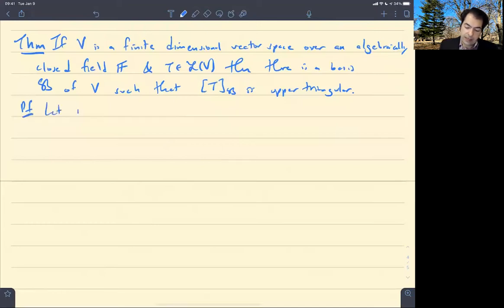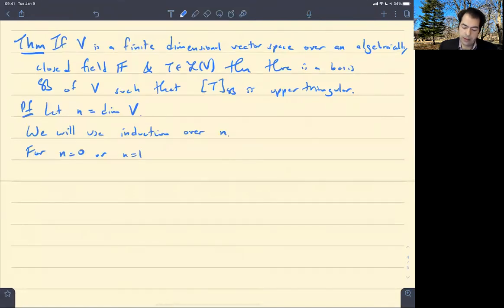So let n be the dimension of the vector space. We will use induction over n. So for n equal to 0 or n equal to 1, there's nothing to prove.